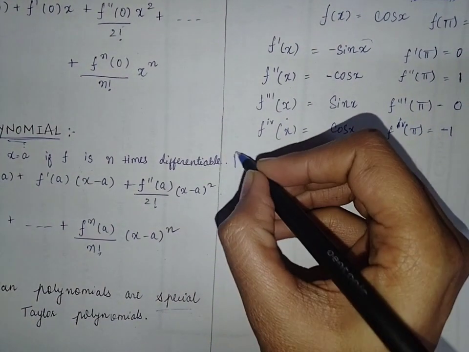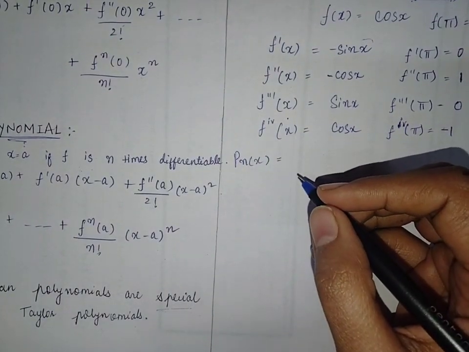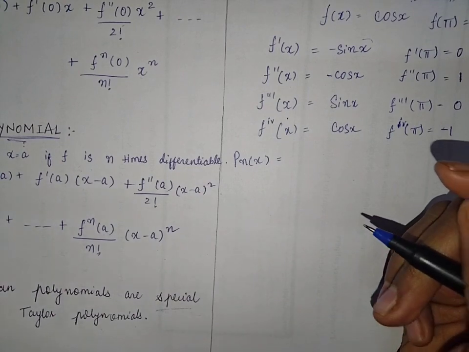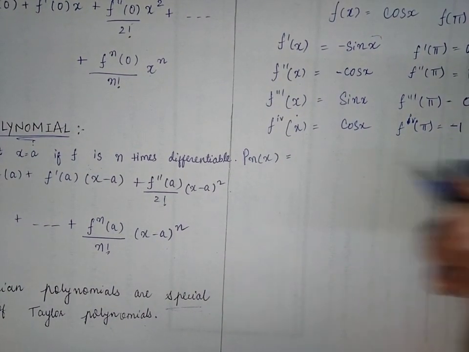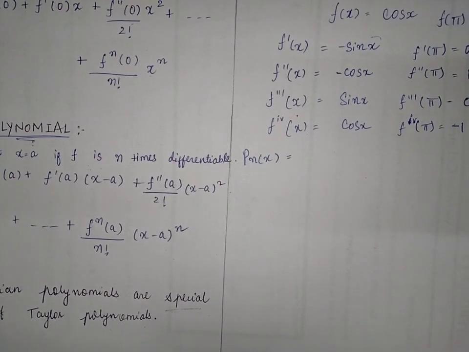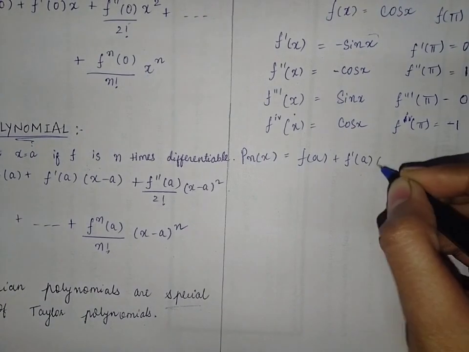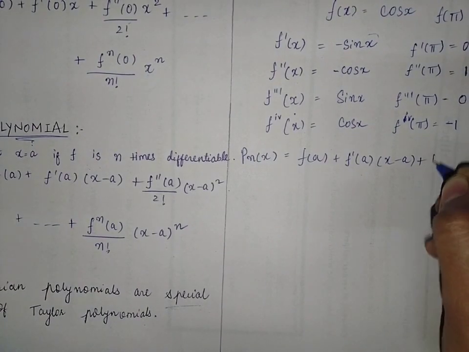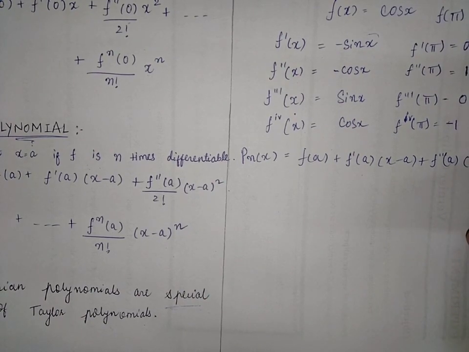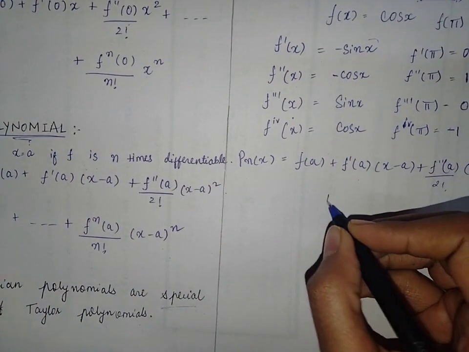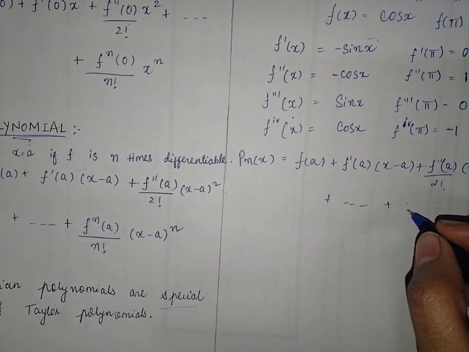So here p of x. First of all, we will find the values, that is f of a plus f dash of a into x minus a plus f double dash of a into x minus a whole square by 2 factorial up to the last terms that we will get.